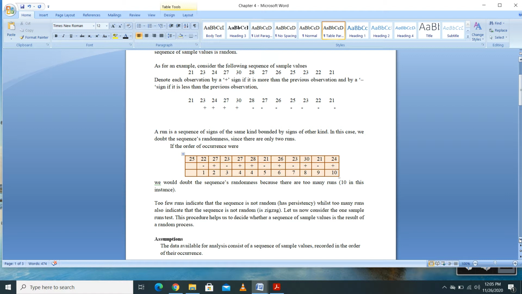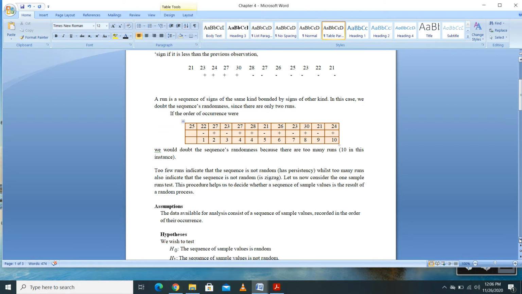On the other hand, if you have too few runs, that is, there is a persistency in your data set, right? So there are some difficulties you have to face when you are running this runs test.